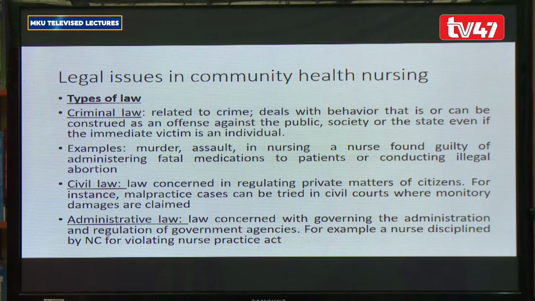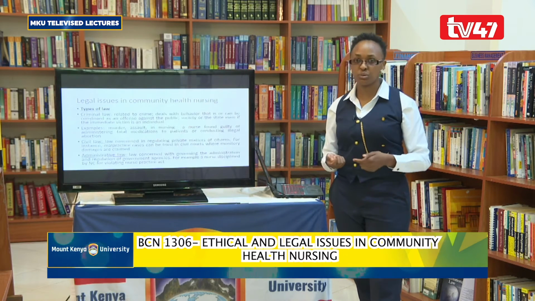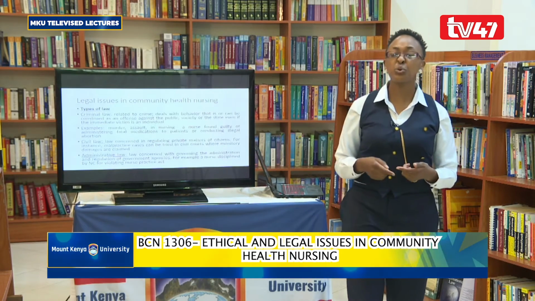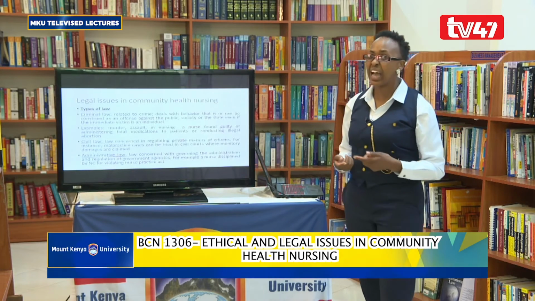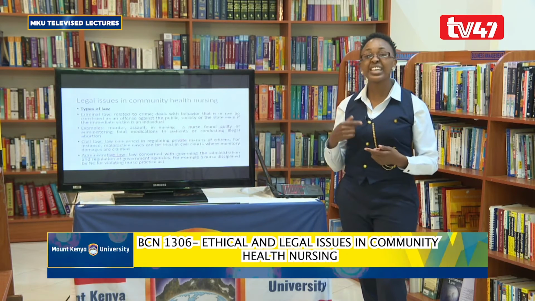And in nursing, an example of criminal law is where you find a nurse, like now if you are working in the community and maybe a community member is in a lot of pain, like in cases of cancer, patients are in a lot of pain, or when you're giving palliative care medicine. And if a nurse decides to give more of a dose, or maybe you give morphine and you give more of morphine, unlike what you're supposed to do, that can be a crime.